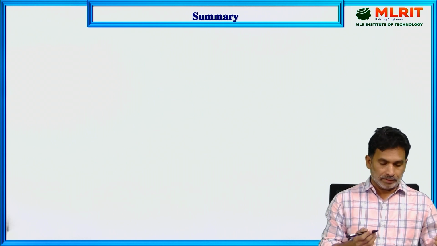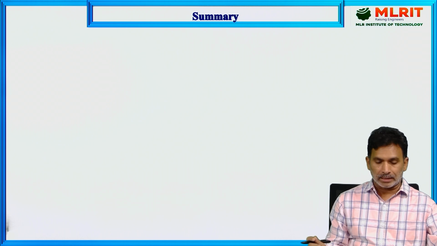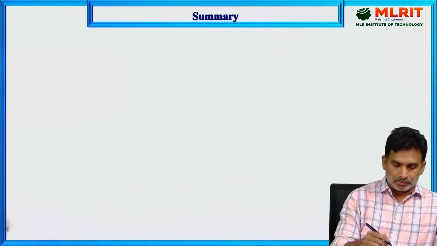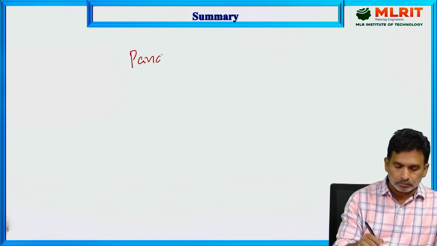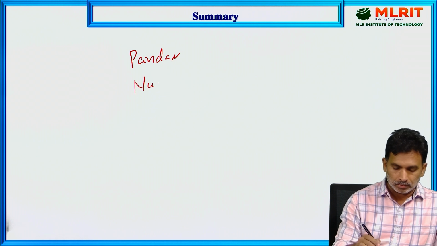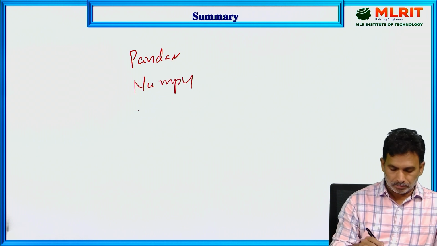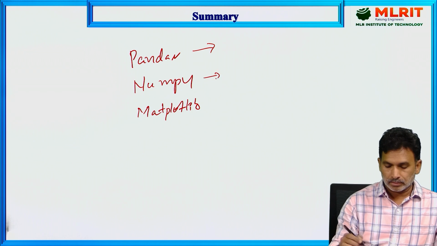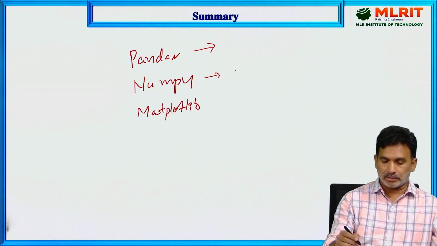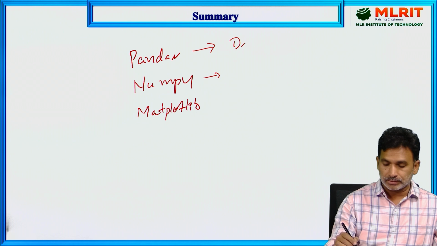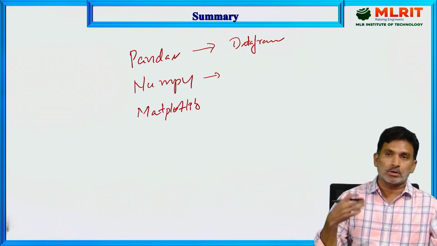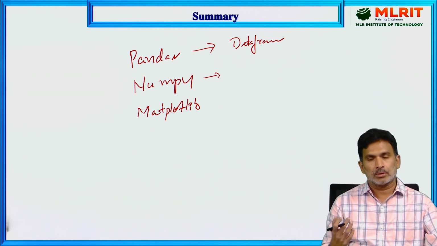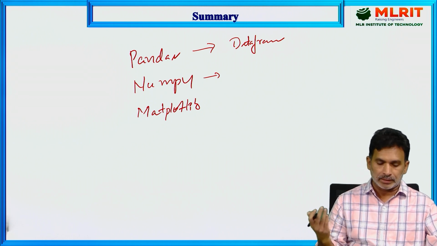In this lecture we discussed three important Python libraries: pandas, NumPy, and matplotlib. For pandas, here we have to remember the concept called data frames, how data frames are used, the indexing, what operations we can perform, how we import the data, and how we can export the data into different formats.